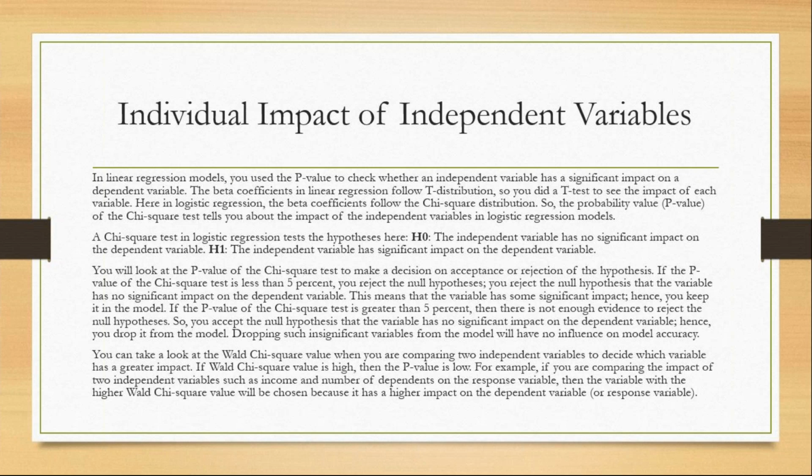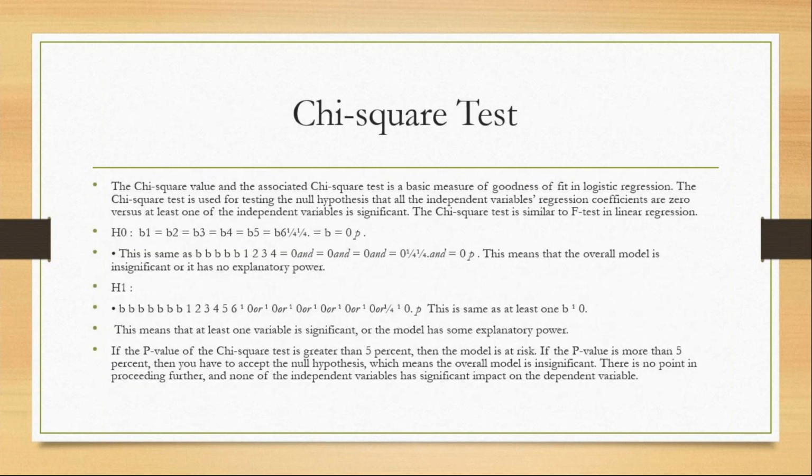Similarly, if we get a p-value in the chi-square test of less than 5%, then we reject the null hypothesis and accept the alternate hypothesis that it is making an impact. Things are quite similar, and we will see that. This is the understanding of the chi-square test and how it is done.